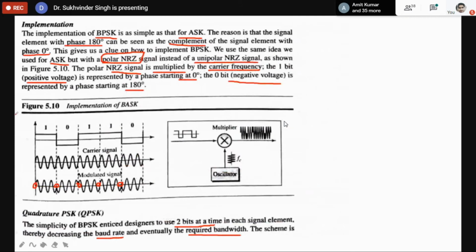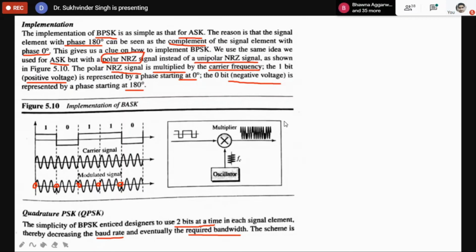To implement this, let us consider a polar NRZ. In polar NRZ, we know a bit is represented by one positive voltage level, and another bit is represented by a negative voltage level. And why it is called polar NRZ, we have already discussed: it crosses the x-axis. It goes from positive to 0, 0 to negative, and from negative to 0, 0 to positive.